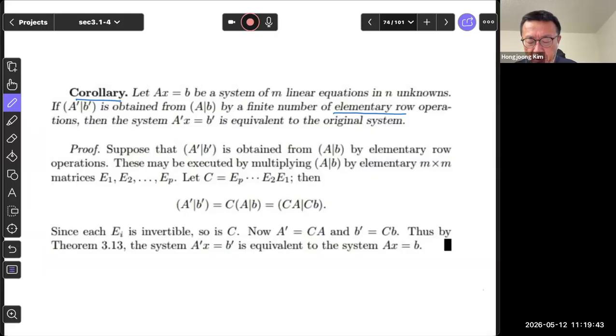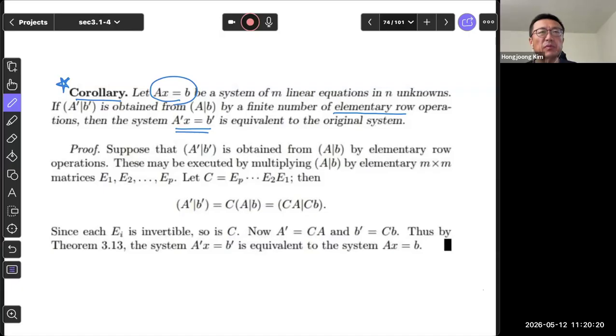Given some system of equations, Ax equals b, if you perform any elementary row operation to change the coefficient matrix and the right hand side vector, the resulting system will have the same solution set as the original problem. That is the result, and this is the trick we are going to use in this section.